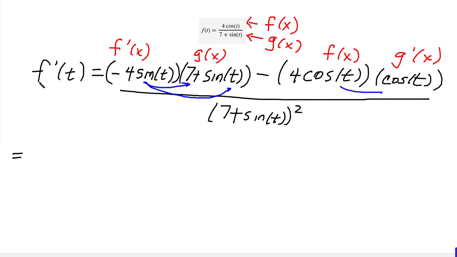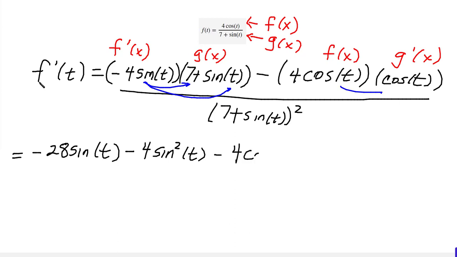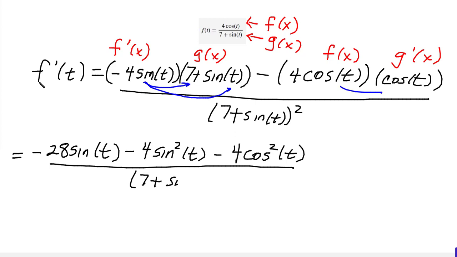So I'm going to get negative 28 sine t, so that's the first piece, and then minus 4 sine squared t, and then minus 4 cosine squared t, all over the bottom squared.